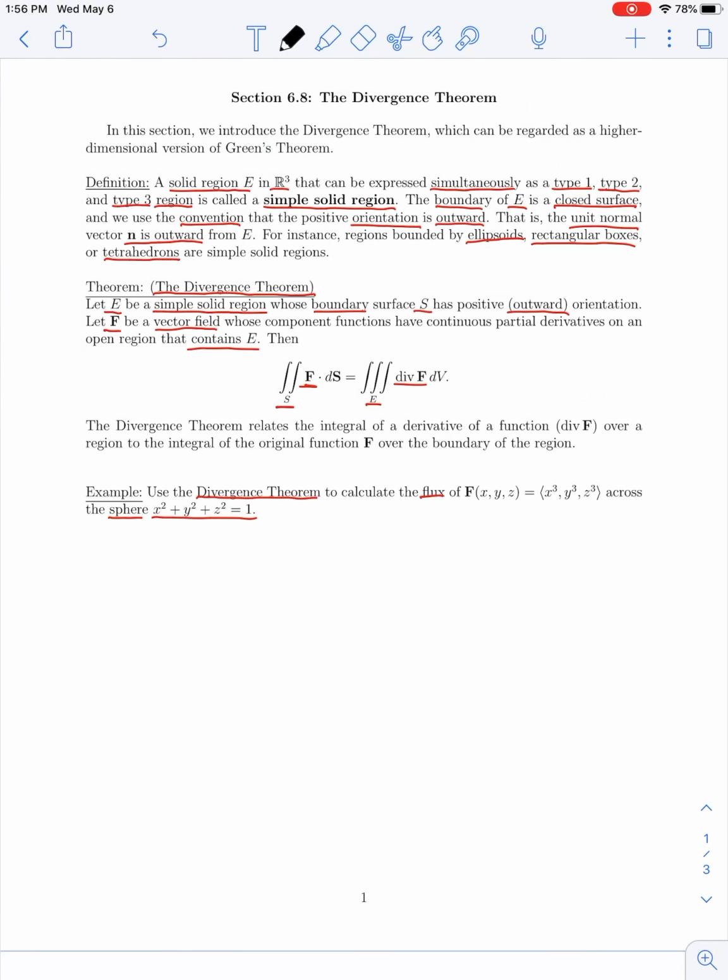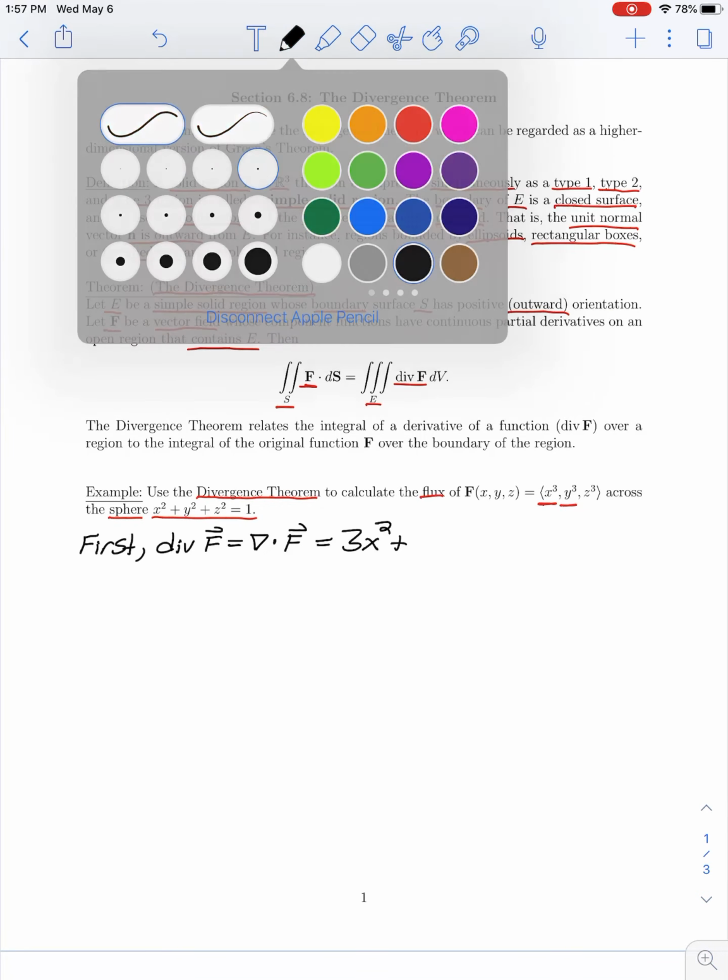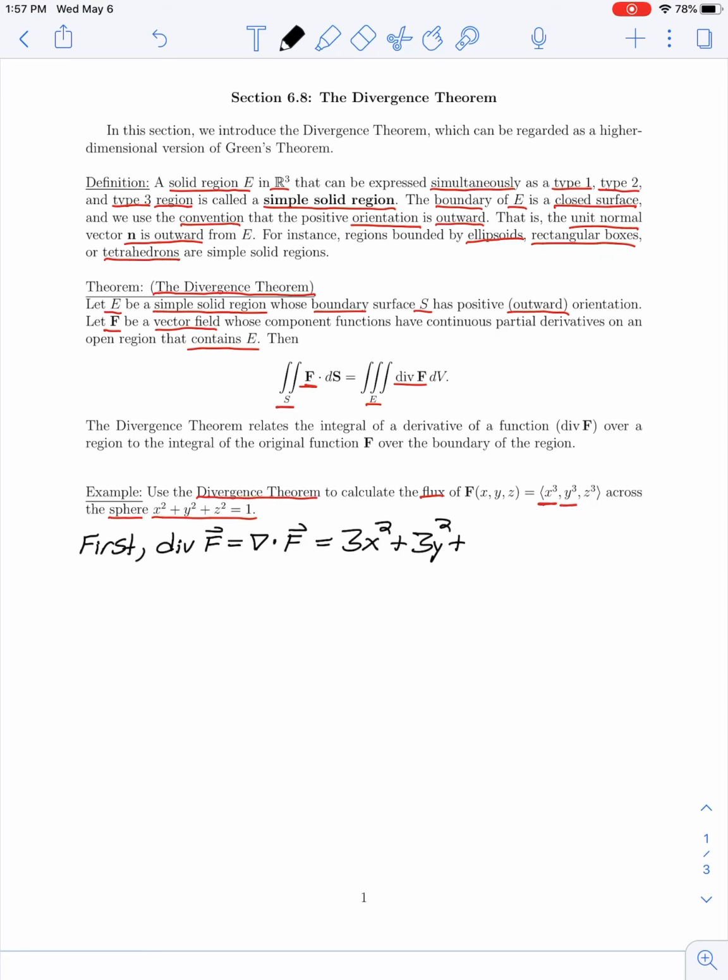Now, the first step in applying the divergence theorem is to calculate the divergence of F, which recall is defined as the dot product of the gradient operator with our vector function F. We get, for the first part of our divergence, the partial derivative of our first component, x cubed, with respect to x, which would be 3x squared, plus the partial derivative of our second component, y cubed, with respect to y, which would be 3y squared, plus the partial derivative of our last component, z cubed, with respect to z, which would be 3z squared.